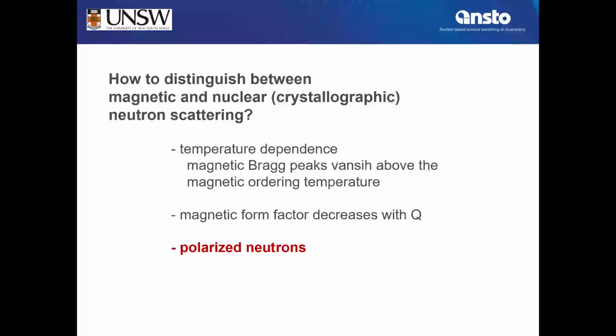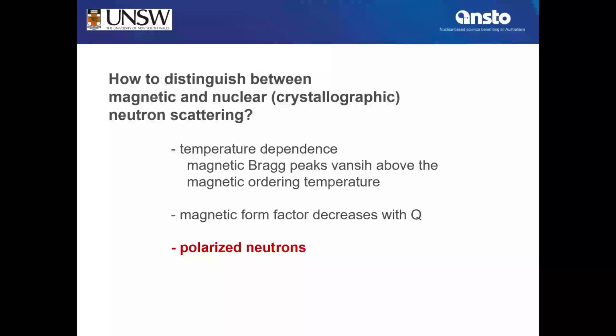One trick which I showed you was the temperature dependence, because the magnetic Bragg peaks must disappear above the magnetic ordering temperature. The same holds for magnetic excitations, spin waves. Is it a spin wave? Is it a phonon?